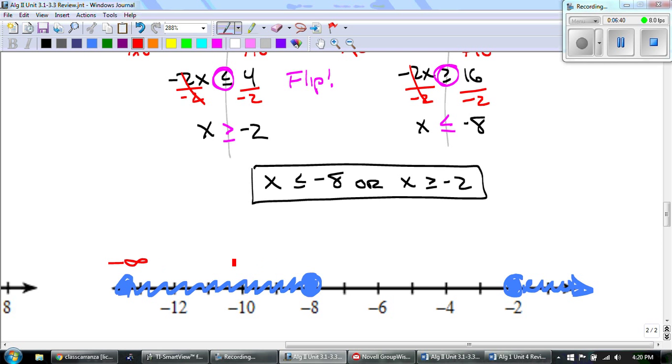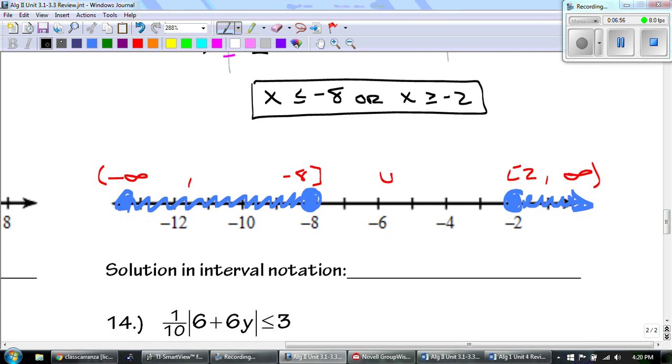It begins at negative infinity and goes to negative 8 where it's closed. This is our break, and then the graph picks up again at negative 2 and goes to positive infinity. That's how I write that in interval notation: negative infinity to negative 8, union negative 2 to positive infinity. Sorry, negative 2. It's funny, I wrote positive 2 for both of those.